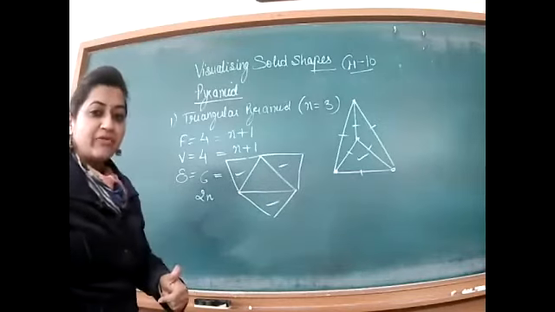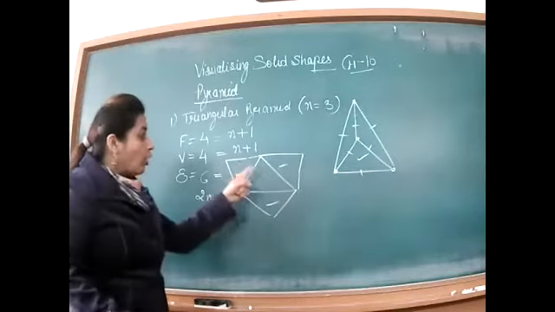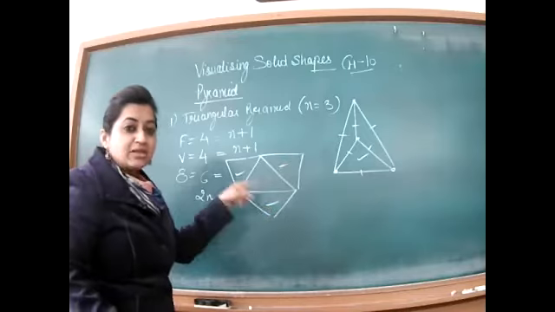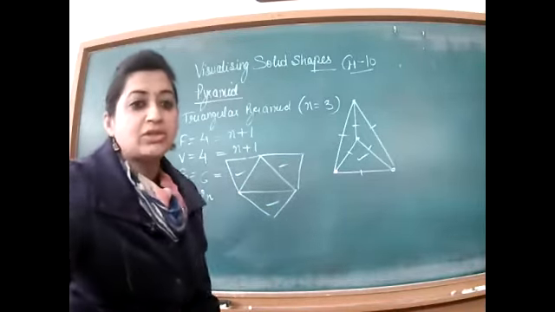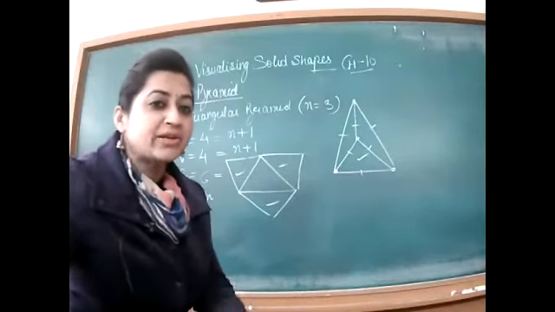And I just want to add one thing more. If all the 4 triangles in the triangular pyramid are equilateral, then this pyramid is called tetrahedron.